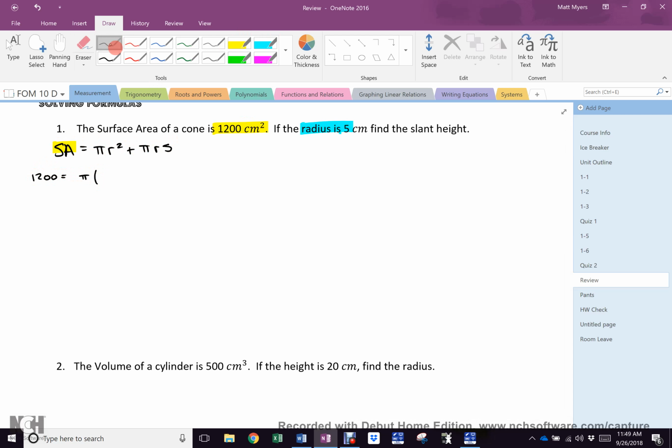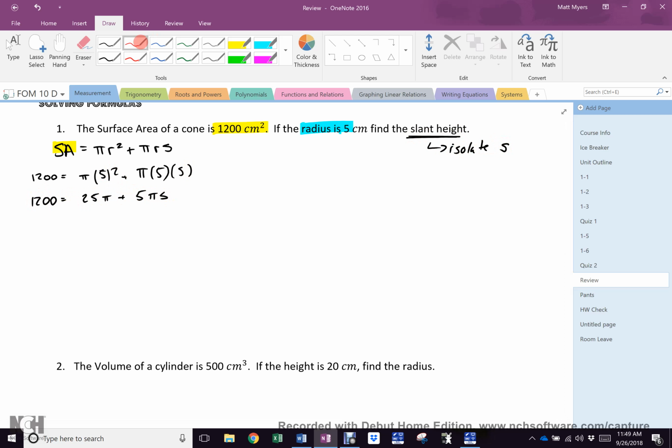Radius is 5. So 5 squared plus pi times 5 times s. Now I need to find the slant height, which means I must isolate s. So let's do that. 1,200 equals 25 pi, 5 squared, plus 5 pi slant.